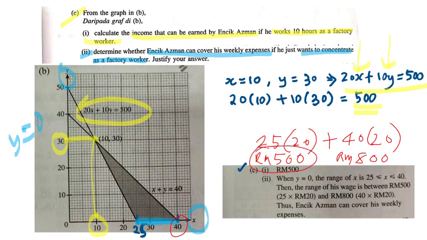The lowest he can get is RM500, the highest is RM800, that is the range. So yes, Encik Azman can cover his weekly expenses, because the range shows the minimum income he will get and the highest. So that's it for question number 8. I hope you can understand.